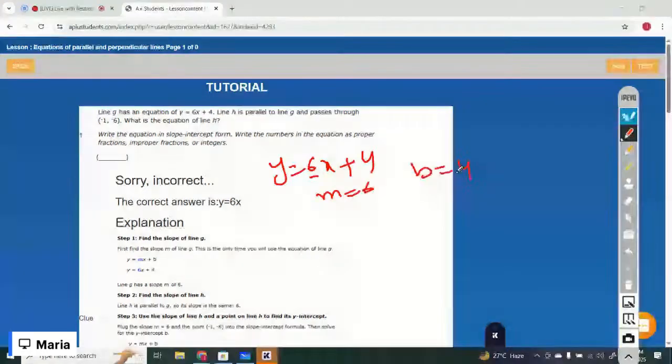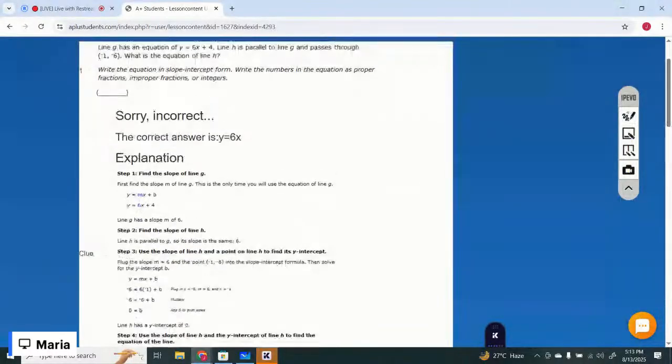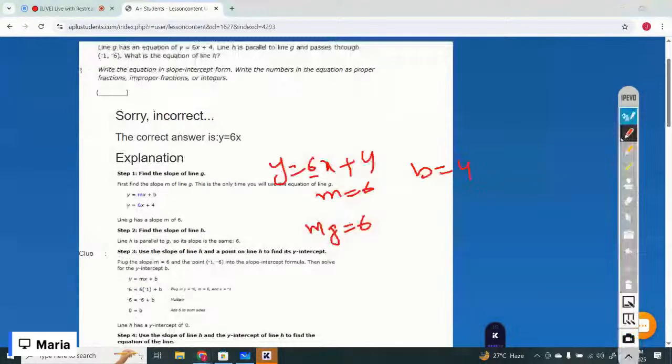So the first thing is the slope of line G is 6, right? Because both the lines are parallel, line H also has slope 6. Now the given point is (-1, -6), and we find b. So the equation is y equals 6x plus b.